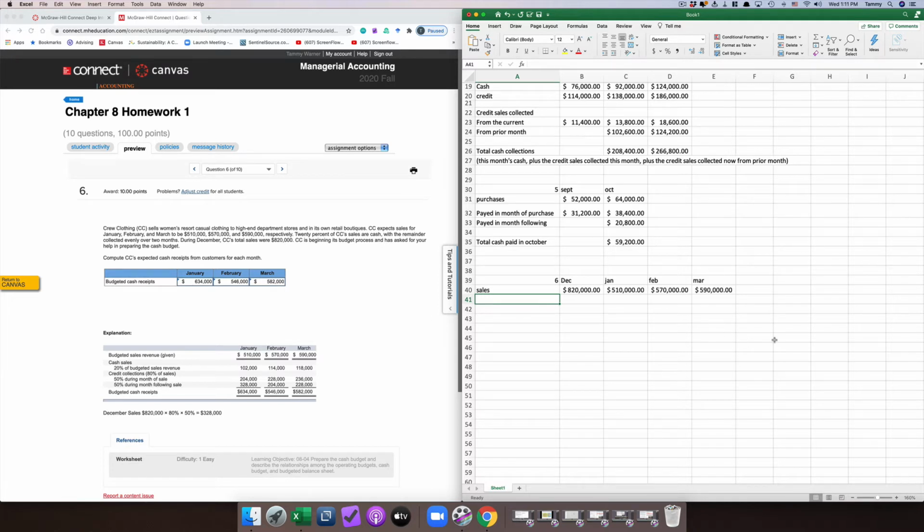So our cash collected from this month's sales and from, hang on. Let's do this differently. So we're going to say cash sales, and then cash collected from credit sales.